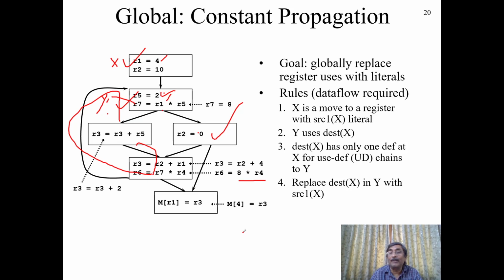As I said, we are trying to see what the different opportunities are that I can find during optimization, but we are not trying to talk about the data structure and the algorithm to implement them. We are just trying to figure out what kind of opportunities for code optimization exist in the 3-address code.